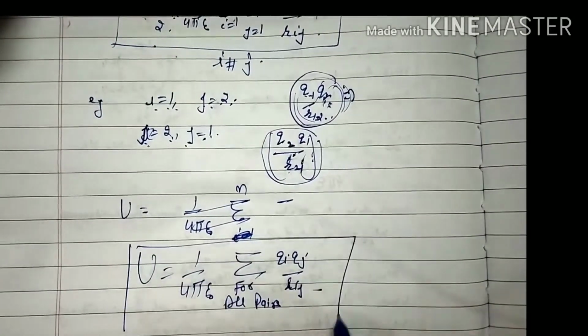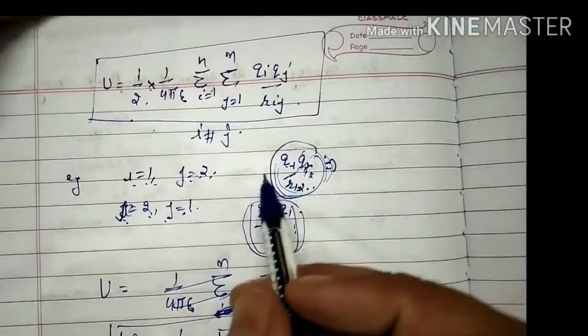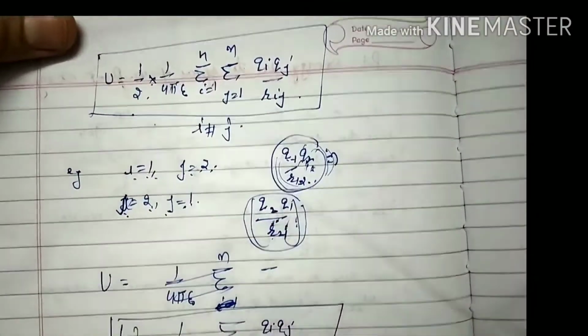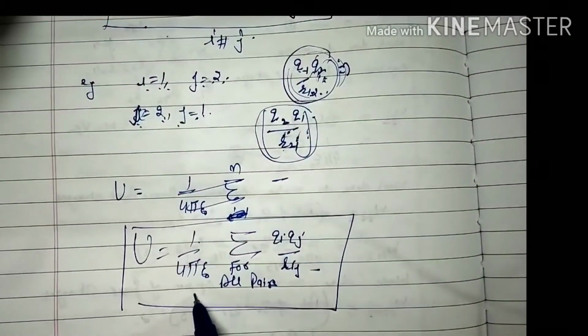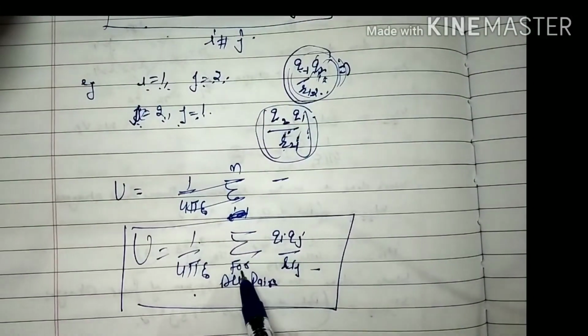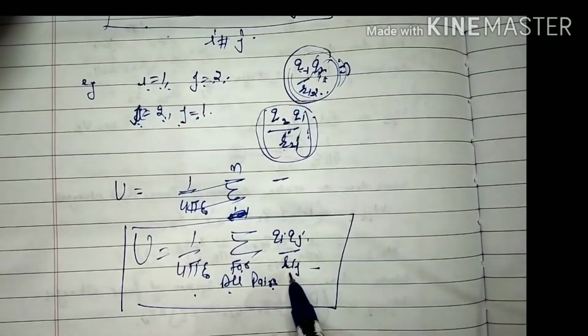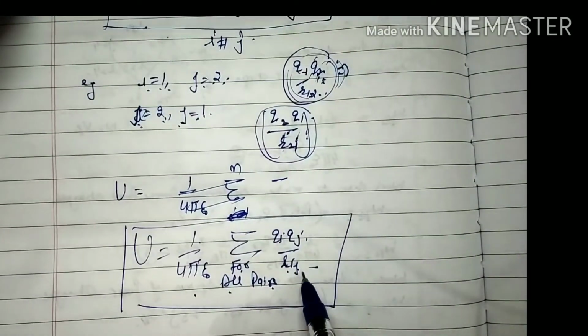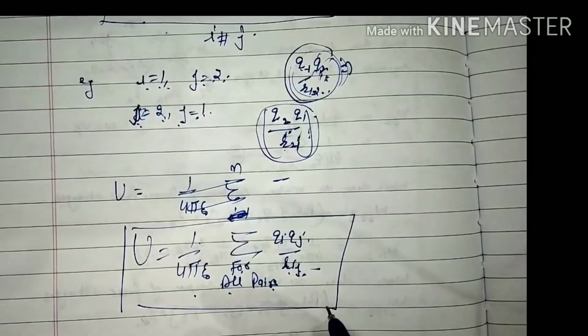Simply you can write this. If not able to understand, we can write U is equal to 1 upon 4 pi epsilon summation for all pairs qi qj upon rij. I think this is understood to all of you.